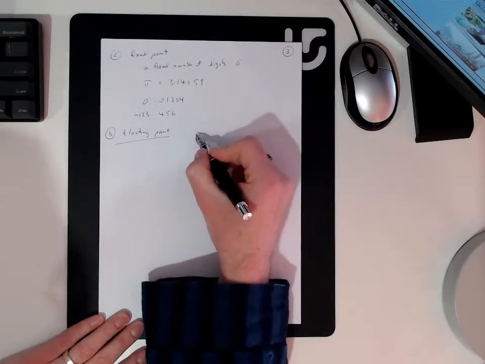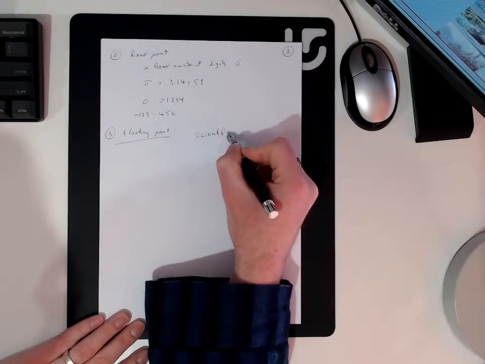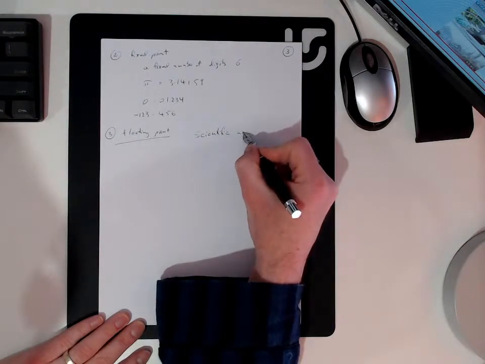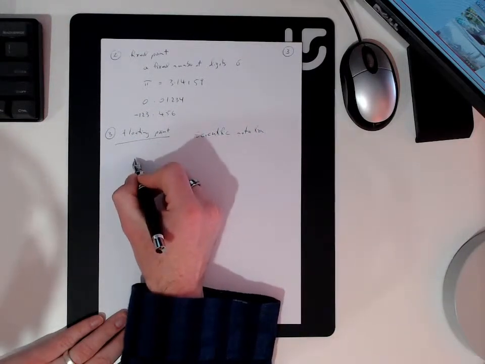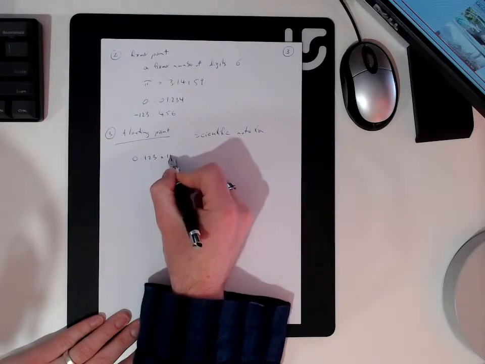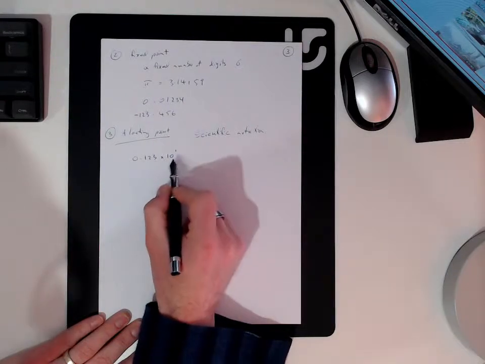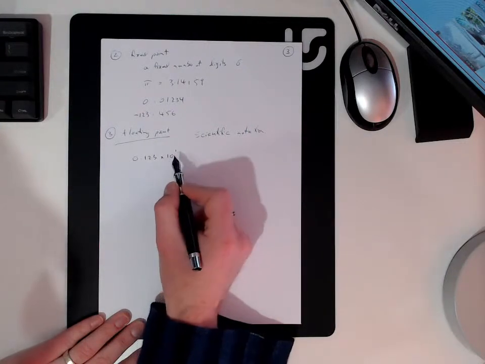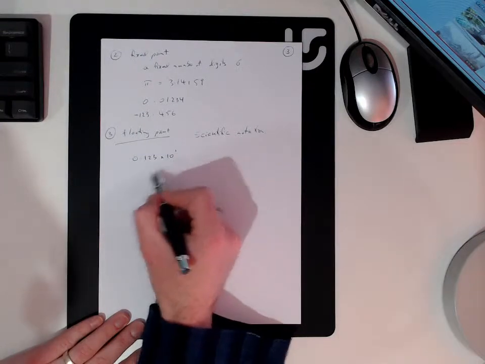So this behaves a bit like scientific notation, and all numbers are represented as a number times, in our case, because I'm using base 10 as my number system, 10 to the power of something.